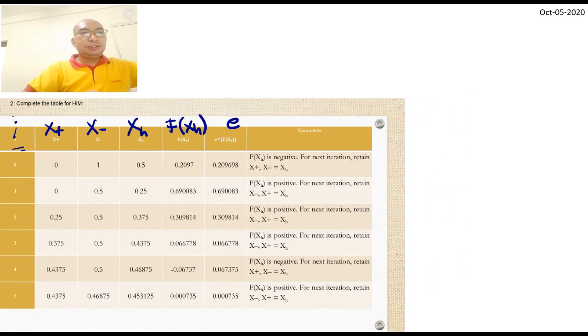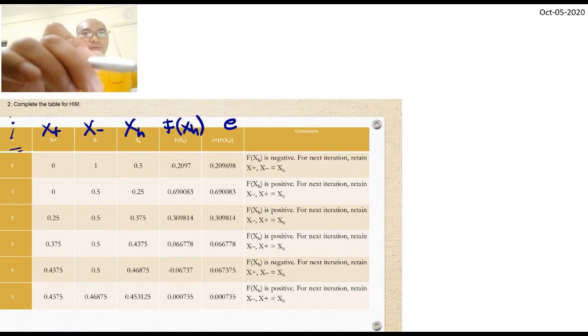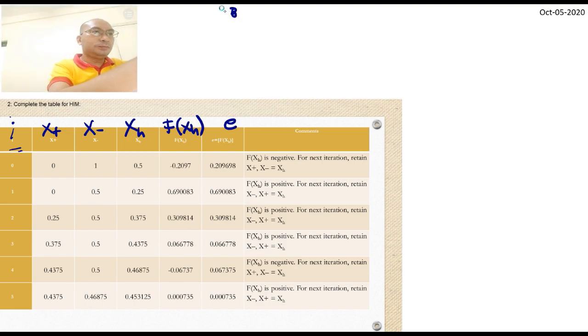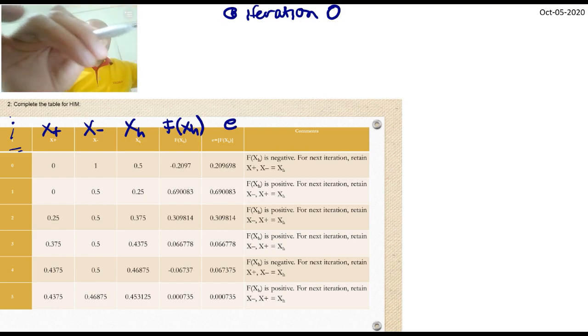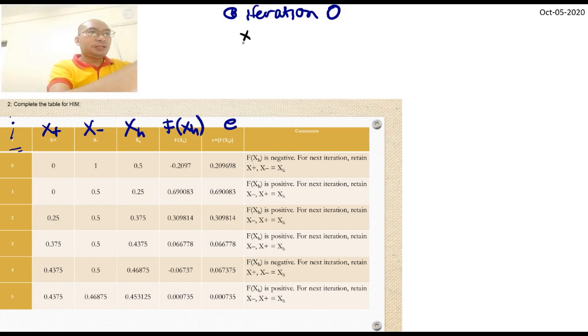For iteration 0, what is the value of our x plus? Our x plus is equal to 0. Our x minus is equal to 1, because those values were initially determined.